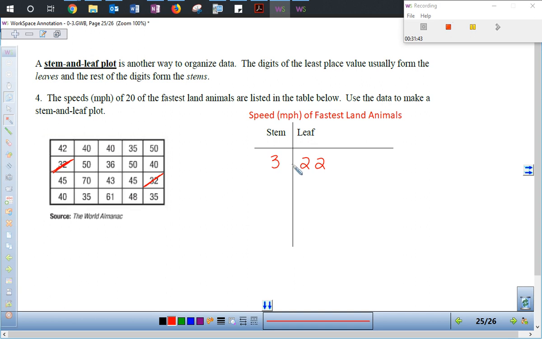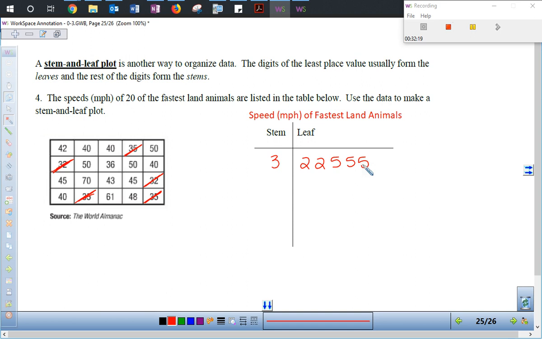Now we can find the next smallest number, which is 35. We have a 30 already, so we can add a 5 and cross it off. The next smallest number, again, is a 35. Add a 5, cross it off. We have yet another 35 right here, so add a 5, cross it off.